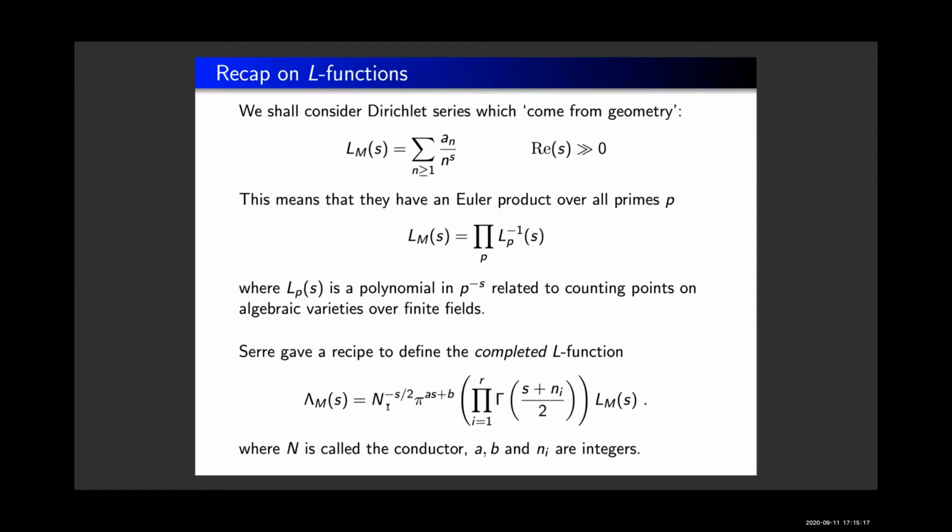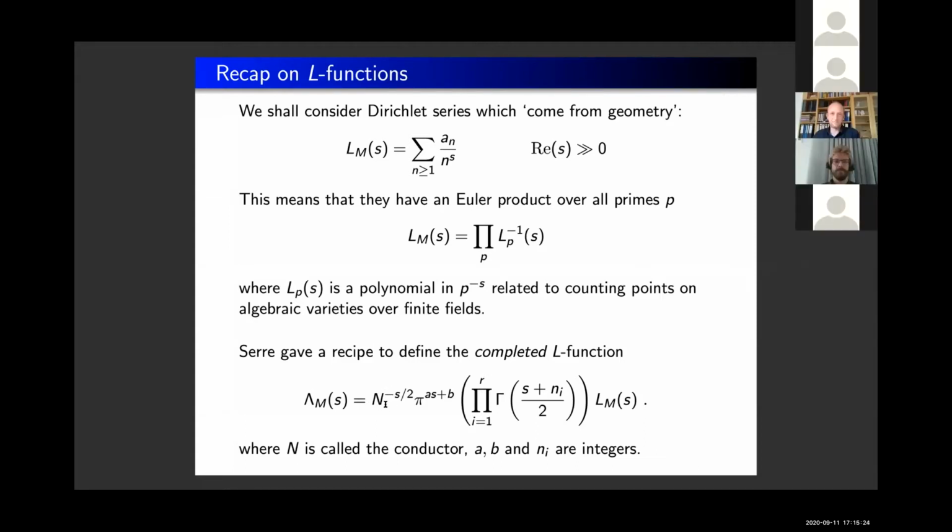So N here is called a conductor, and it contains information about primes of bad reduction. The gamma factor is entirely determined by some integers n_i, and they can essentially be read off the Hodge theory and the action of complex conjugation on the cohomology of your variety. So Serre gave a very precise recipe for how to construct this completed L function from your motivic L function.